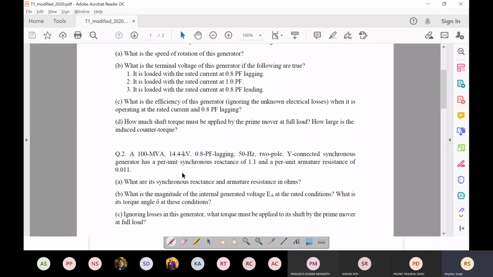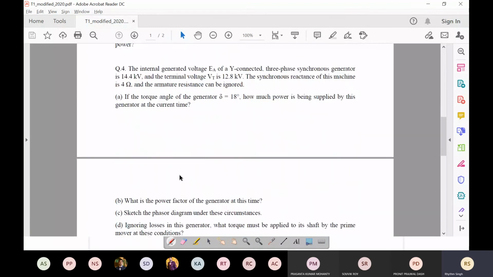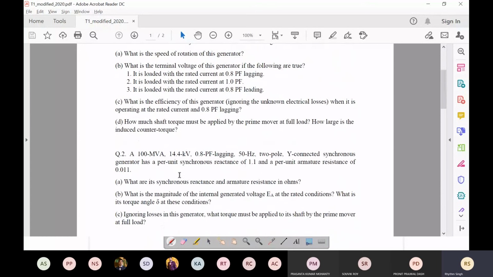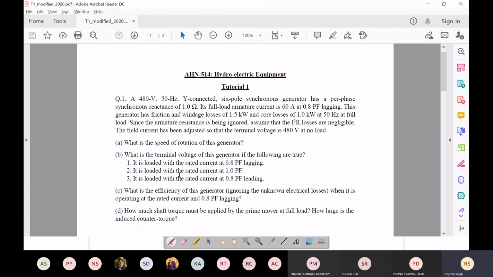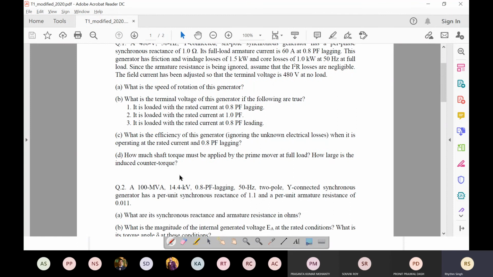So this was something new. The rest of it, all the parts of question 2, B, C, question 3, 4, all parts, and 5 all parts, is just repetition or practice of what we have discussed so far. After this class, I'll be uploading this file in MS Teams, and this will be an assignment.